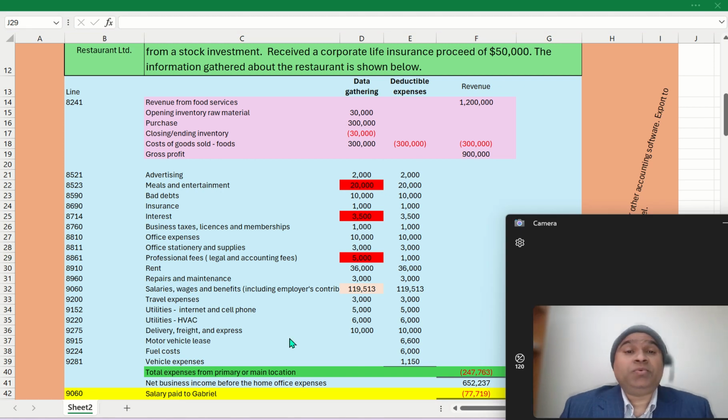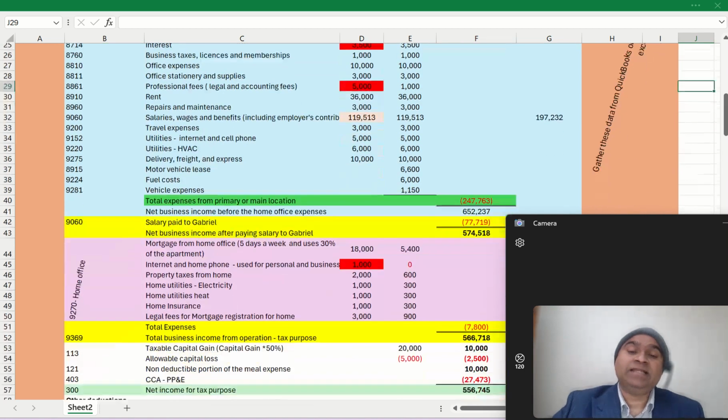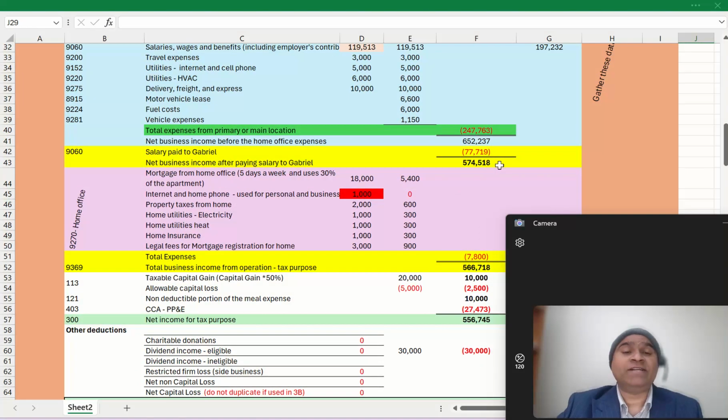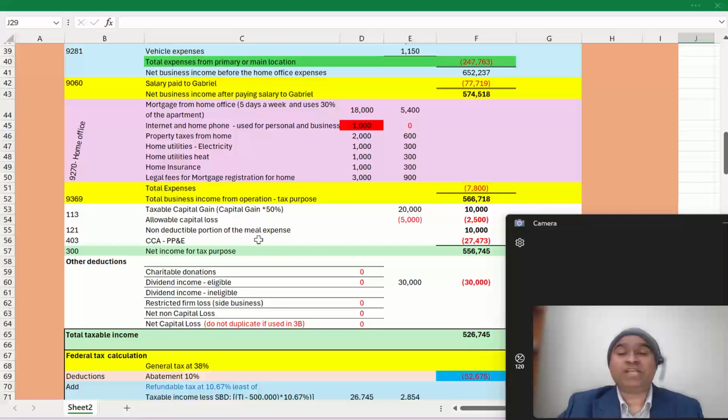So as you know, we have this corporation. It has $1.2 million revenue. It has net income for tax purposes $574,518, and then we change the CCA amount to $27,473.